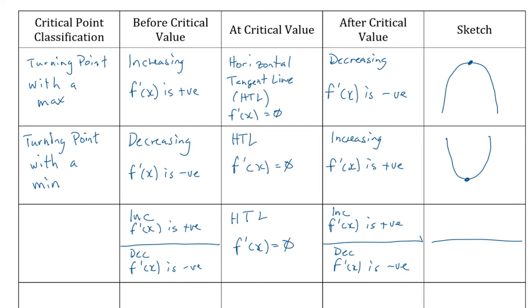Now visually, what does that look like? I'm increasing. I have a horizontal tangent line, and then I'm still increasing. So there's your critical point. Or I'm decreasing, horizontal tangent line, and decreasing again. And so you can see that that is like a cubic twist that we called it in advanced functions in MHF.